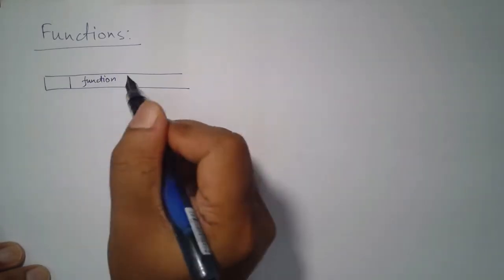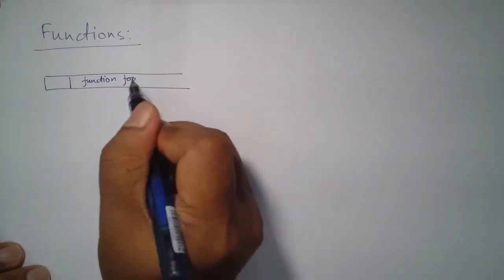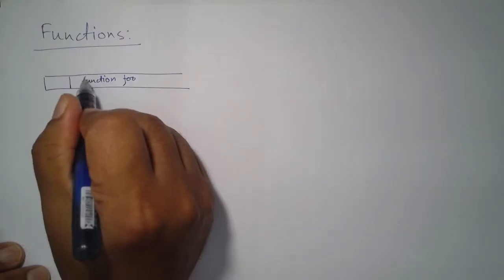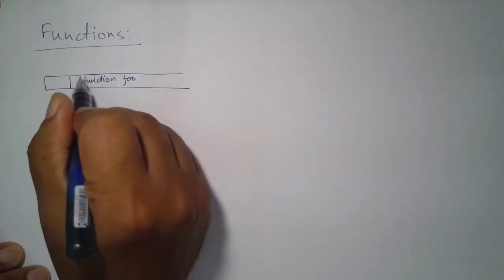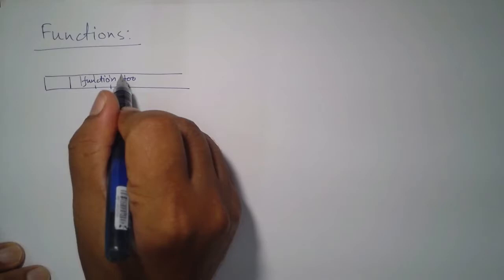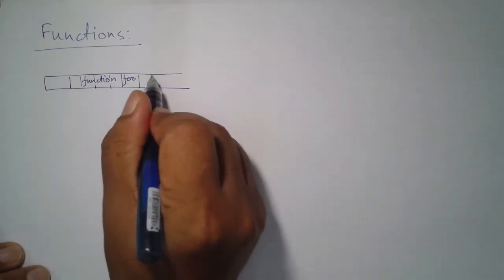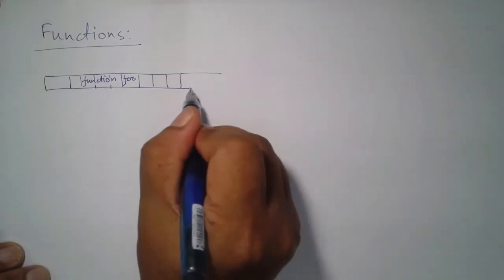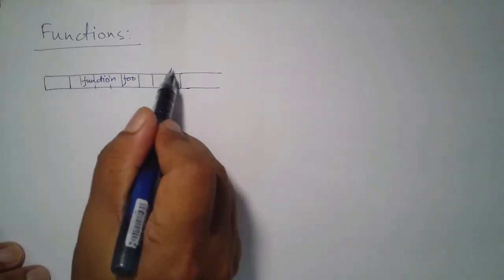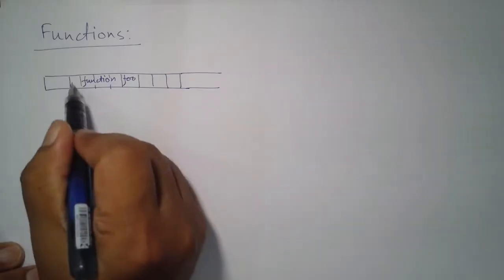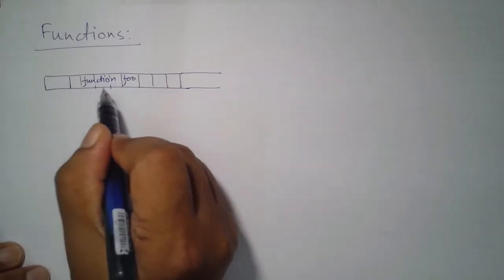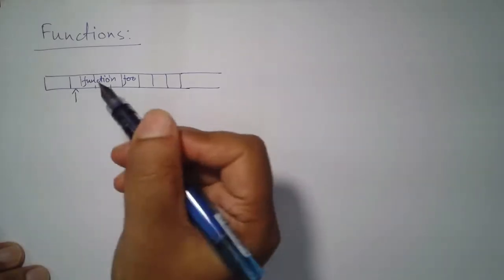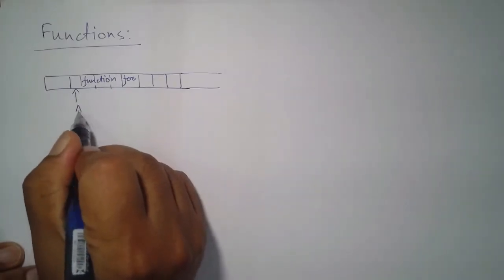Let's call this function foo, because traditionally this is the name that has been used, so we will also use the same. Let's say these are all my blocks of memory, and function foo is defined here. What is function foo? Function foo is nothing but a set of instructions, right? It will be telling that, okay, do this, do that, and so on. So it will have a starting address. Let's say the starting address of this function foo is a.